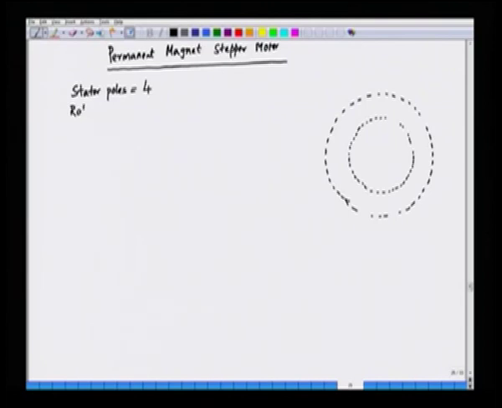Rotor poles is equal to 2. So, we have 4 poles in the stator. So, we can have 1 pole here, the second pole here, the third pole here, and the fourth pole here. The rotor is a permanent magnet and it carries 2 poles only. So, we can draw the rotor structure also.